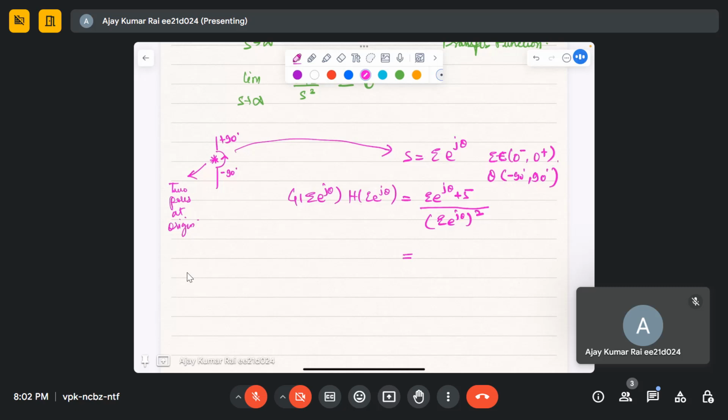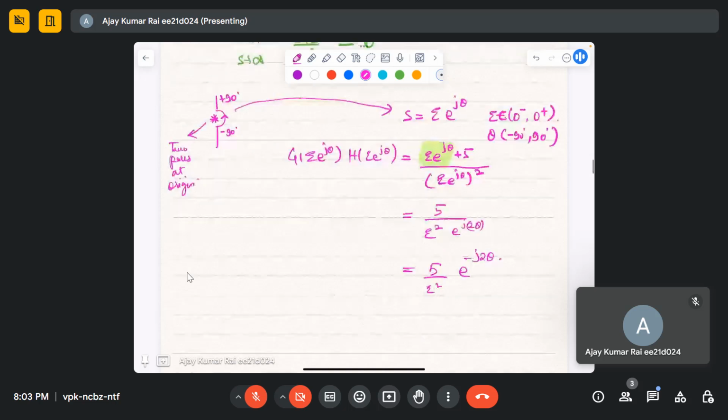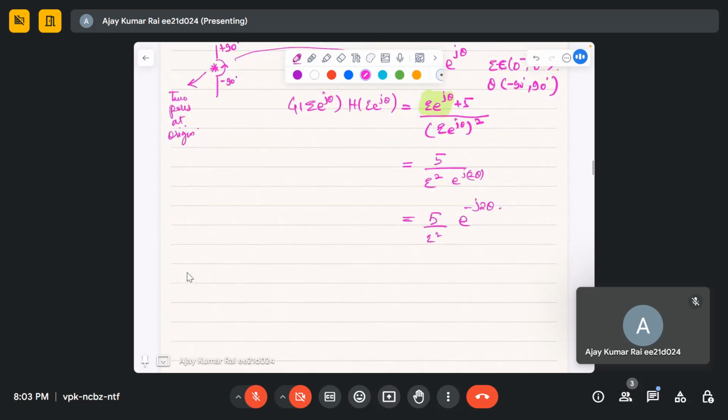From the numerator, this quantity s is very small as compared to 5, so you can neglect that. So what you'll get is 5 by ε² e^{j2θ}, or one more step, 5 by ε² e^{-j2θ}. So 5 by ε² is a very large value because ε is very small.